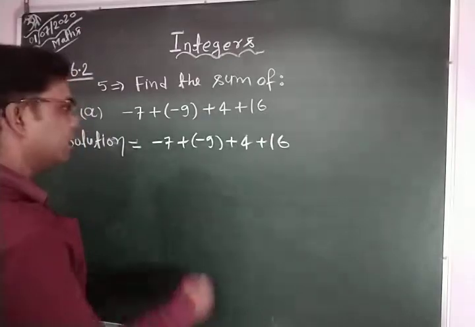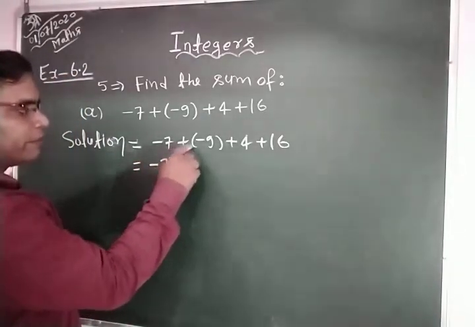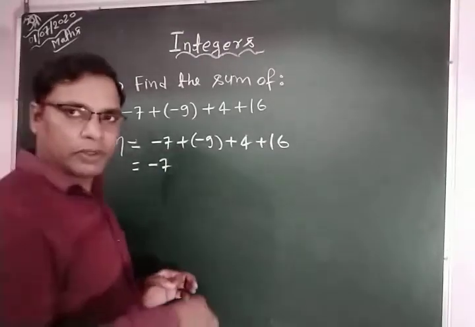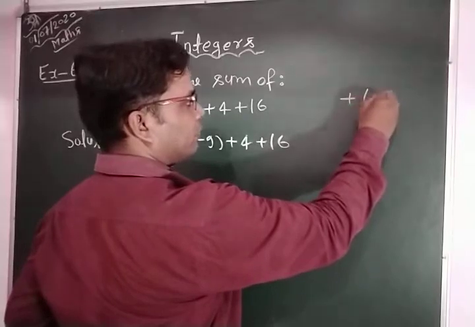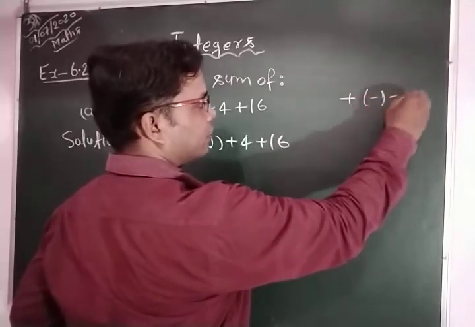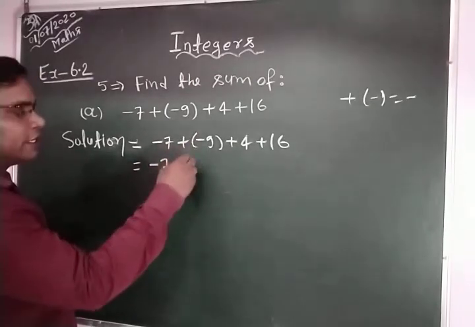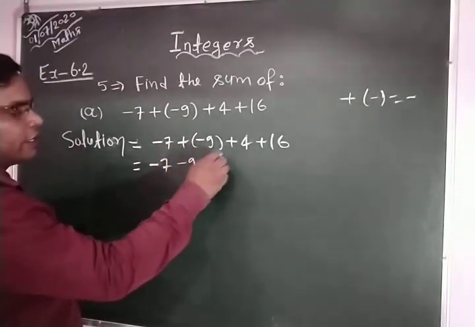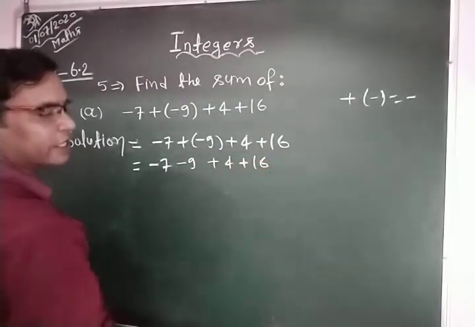Clear? In the next step we write minus 7 as it is, plus minus is minus. In the previous question we discussed plus into minus is equal to minus. So here we have minus, and plus 4 plus 16 we write as it is.